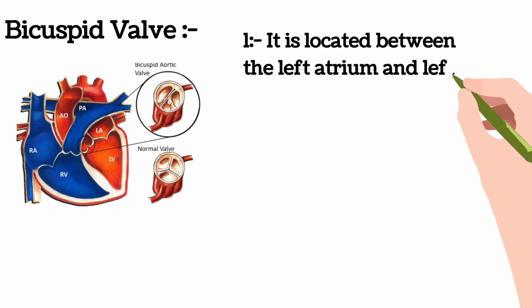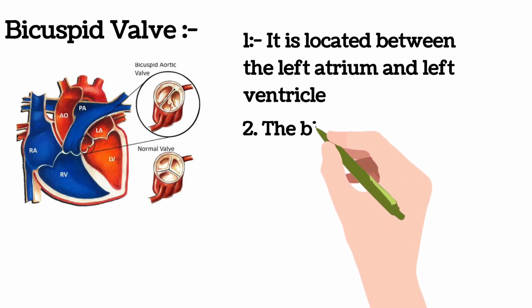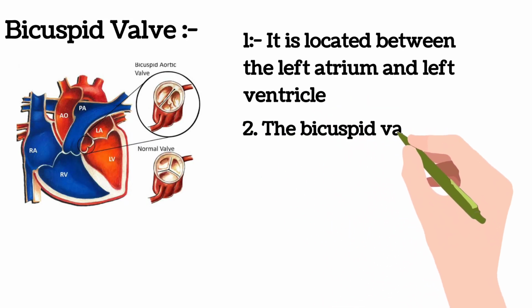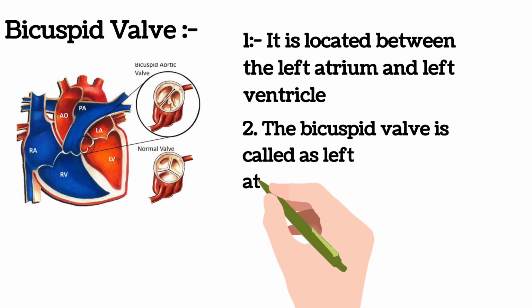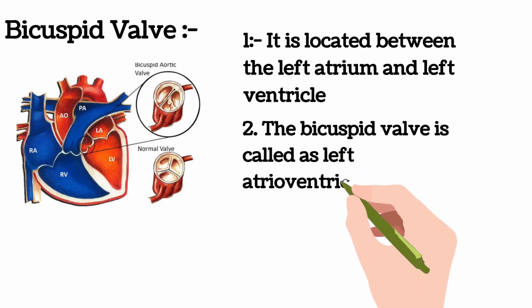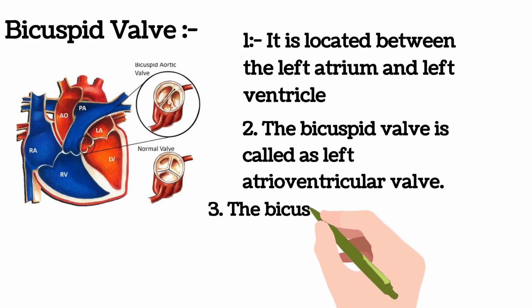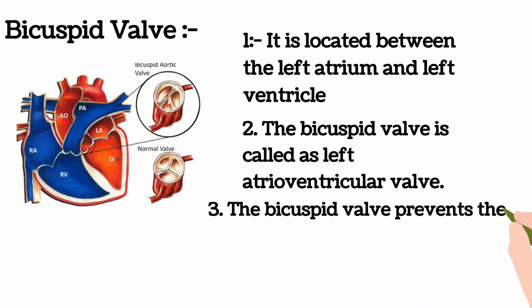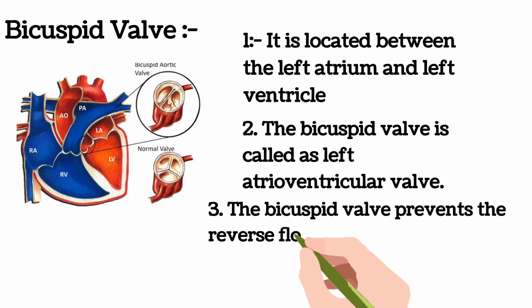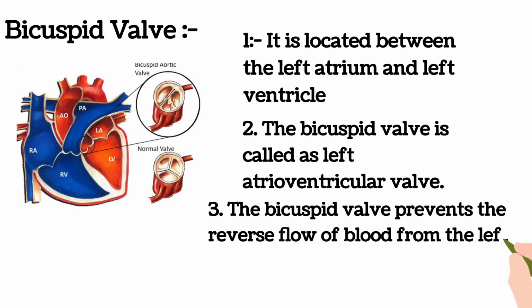The bicuspid valve is also called the left atrioventricular valve, and its function is to prevent the reverse flow of blood from the left ventricle to the left atrium.